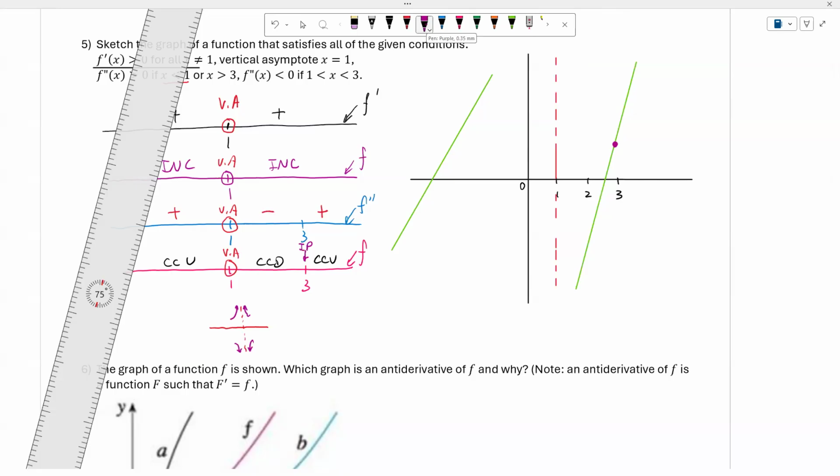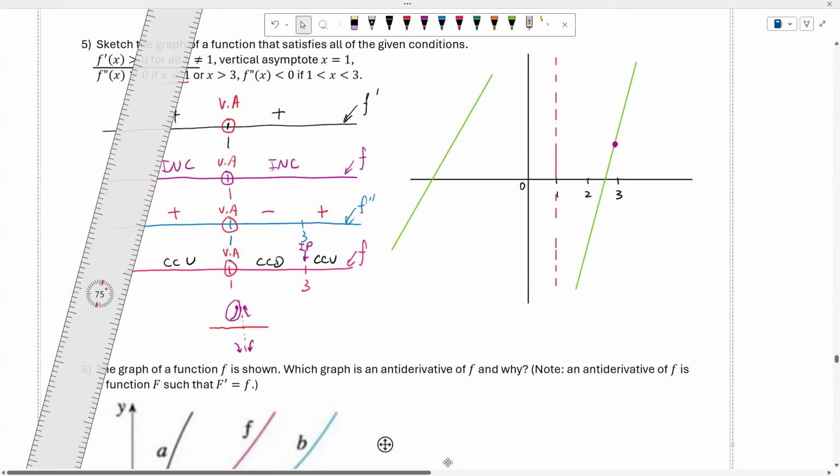To the left of x equal to 1, the function is concave up, and when x approaches the vertical asymptote x equal to 1, it goes to infinity.